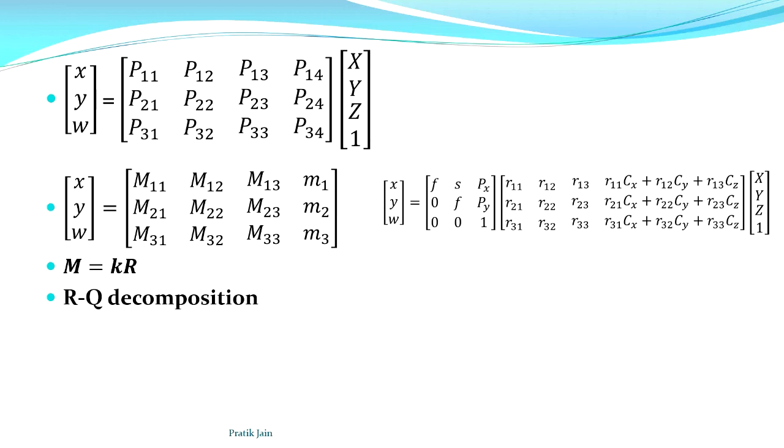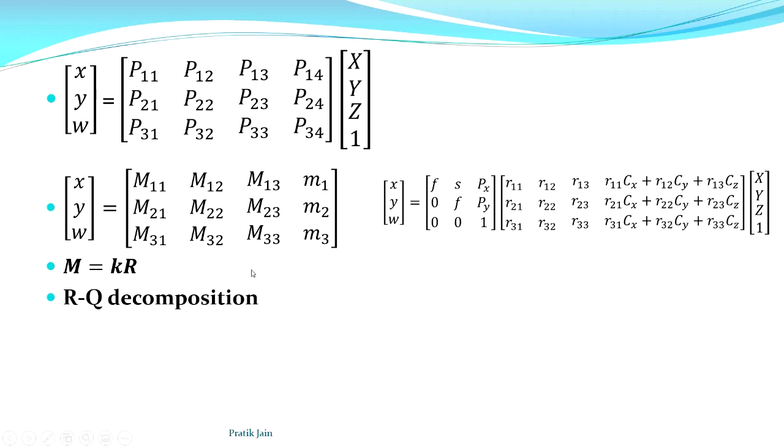For that what we can do is, with the camera calibration and the direct linear transform technique, we can get this 3 cross 4 matrix. And if I just denote this like this, this was the usual notation that we used in our series. So the first 3 cross 3 part, M, can be expressed as a product of K into R, where K is this intrinsic matrix, an upper triangular matrix, and R is a rotation matrix.